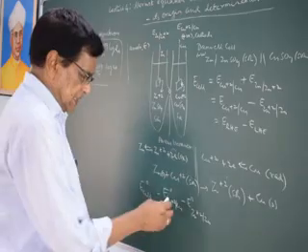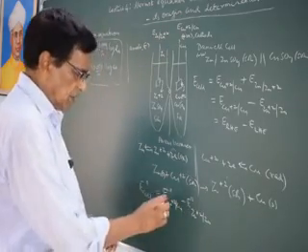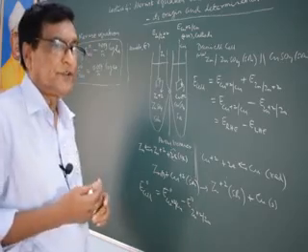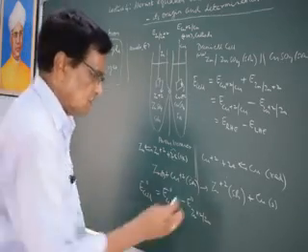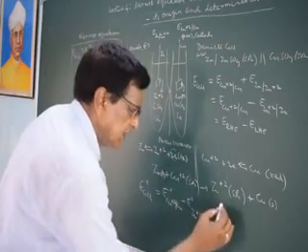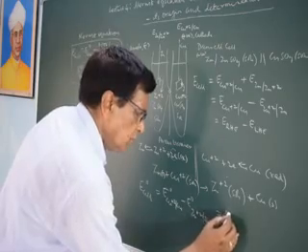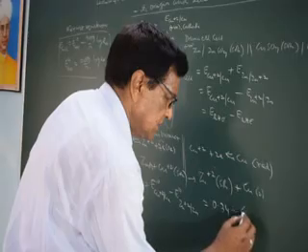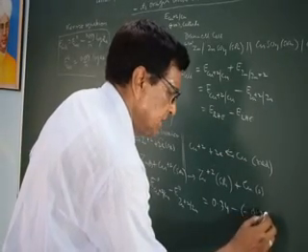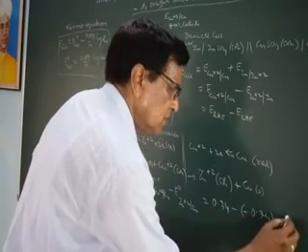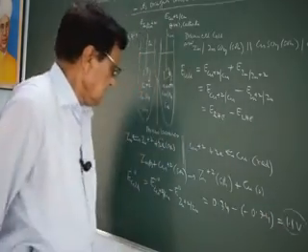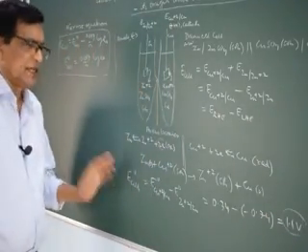These values we can obtain from a standard table in a physical chemistry textbook. So this value is given here, 0.34 volt, this one is minus 0.76, and this one is 1.1 volt. This is the standard potential of this cell.